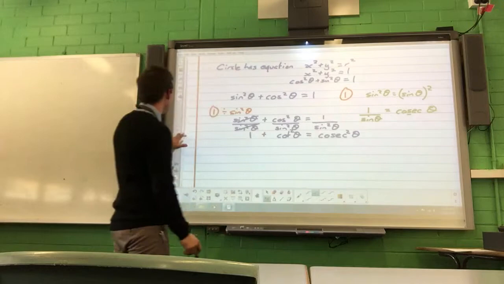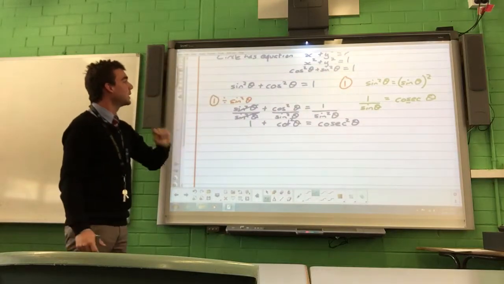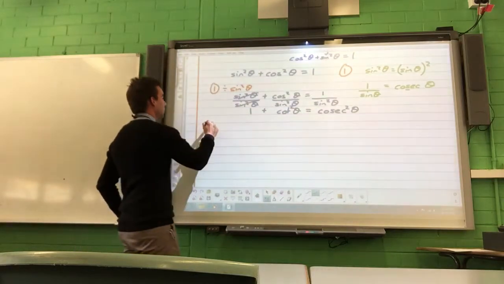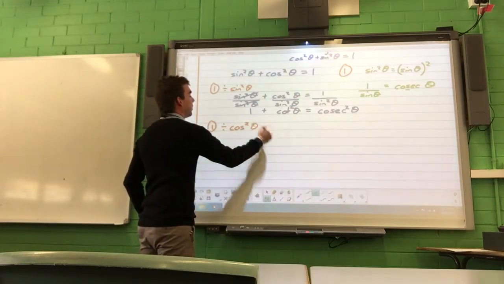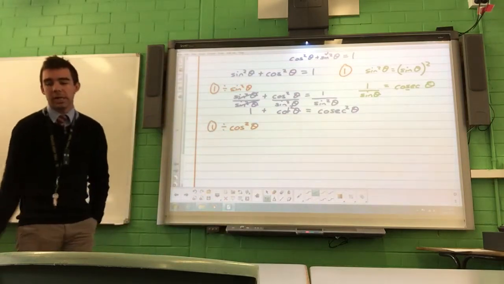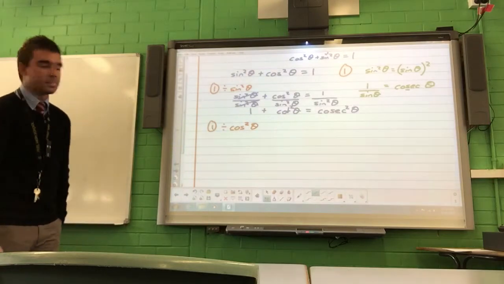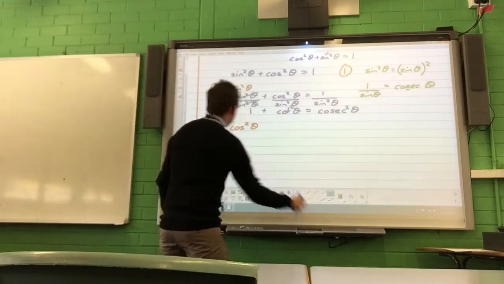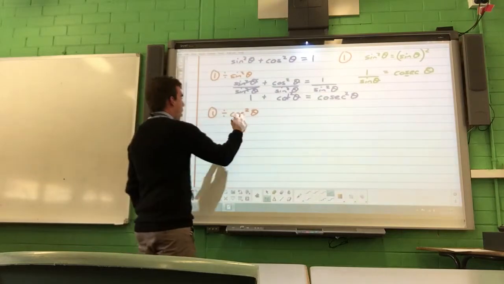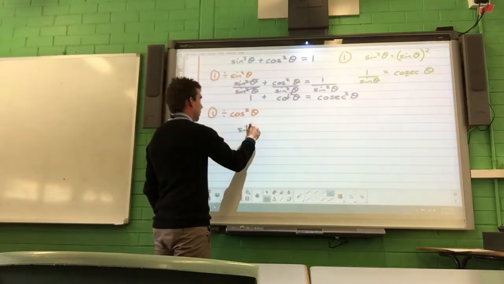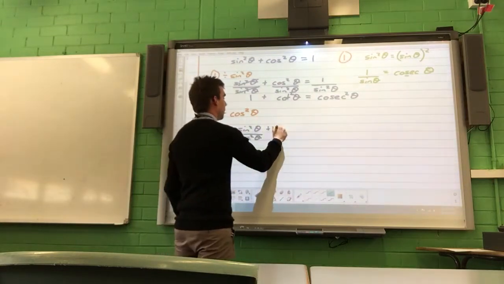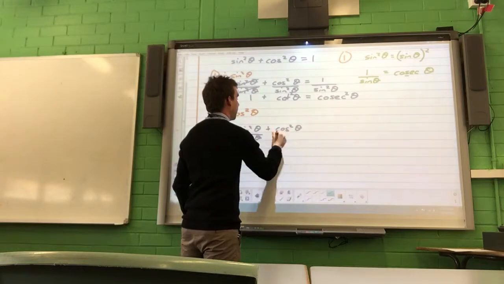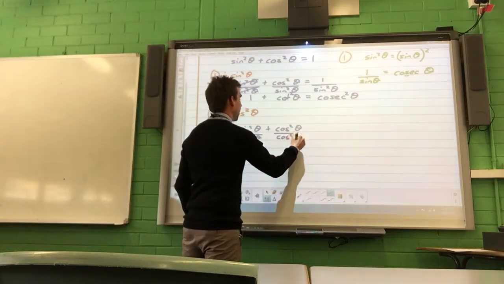Alright, so as well as dividing equation 1 by sine squared of theta, we can also divide equation 1 by cos squared of theta to get our 5th and final identity for this section. So sine squared theta over cos squared theta plus cos squared theta over cos squared theta.